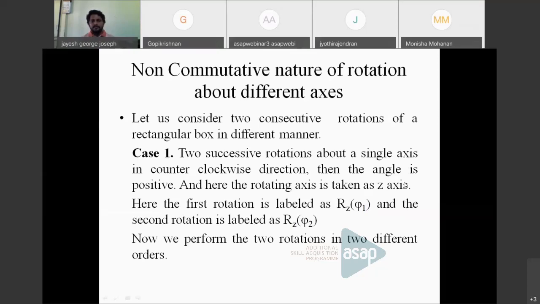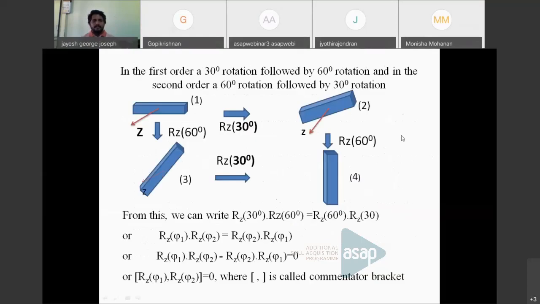Now we perform two rotations in two different orders. In the first order, a 30-degree rotation followed by 60-degree rotation, and in the second order, a 60-degree rotation followed by 30-degree rotation. And it is depicted in our figure.